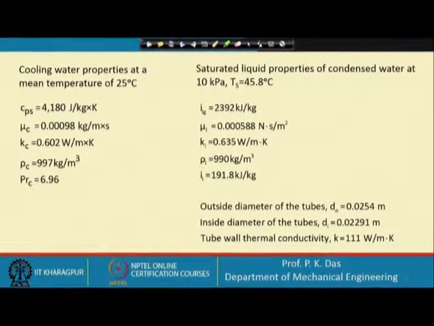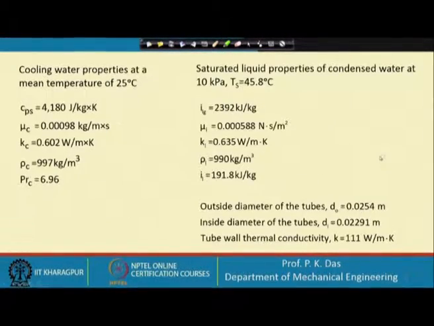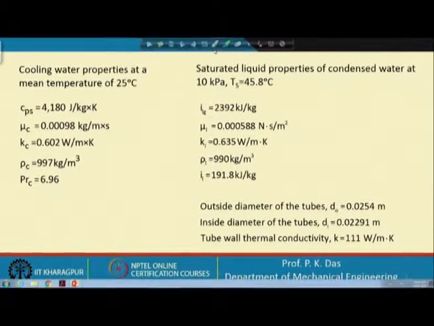Sorry, we have to go back to the previous slide. So, we have got latent heat of vaporization, liquid viscosity, liquid thermal conductivity, liquid density and when the liquid is in the saturated condition, what could be the enthalpy of the liquid. So, all these things we have got.